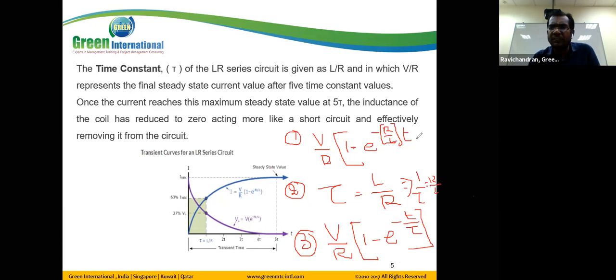Some books use this equation, and some books use the other.